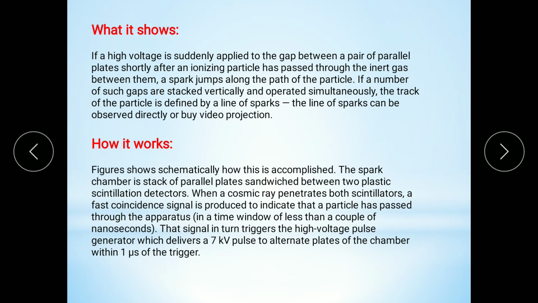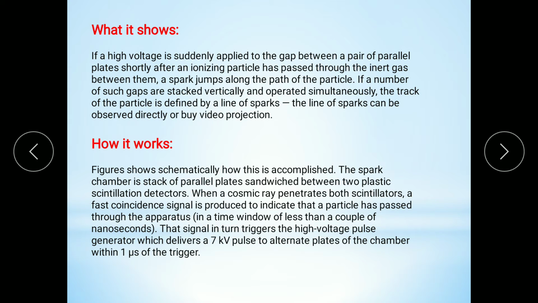Now, when a cosmic ray penetrates both scintillators, here we say cosmic rays, but that ray may be any radiation, maybe gamma, alpha, beta, any particle, a fast coincidence signal is produced to indicate that the particle has passed through the apparatus.